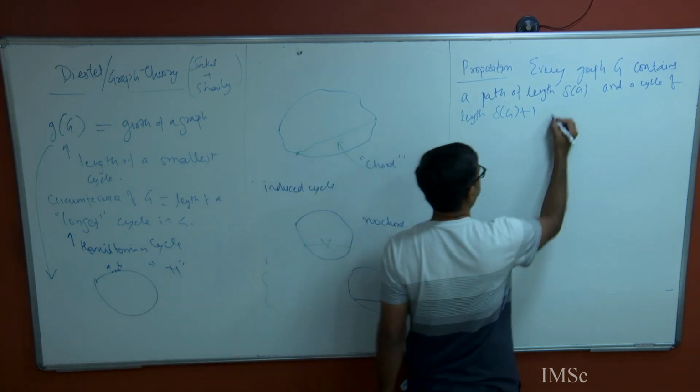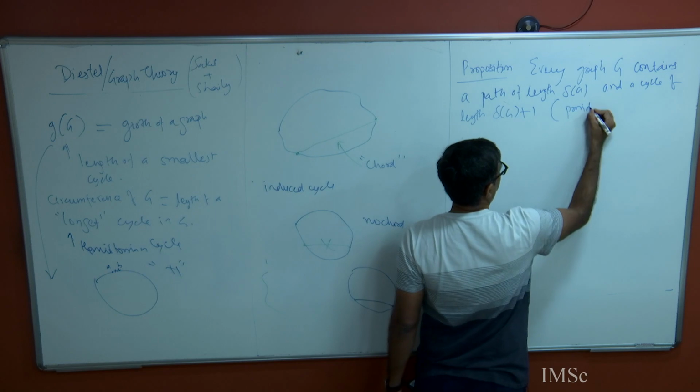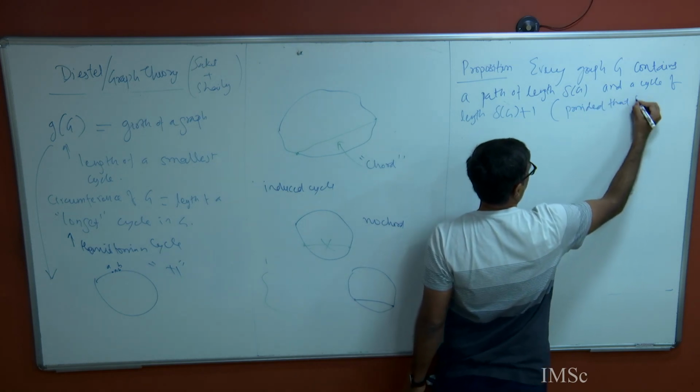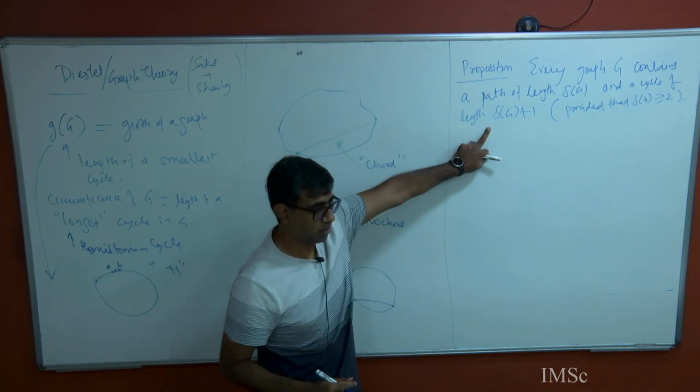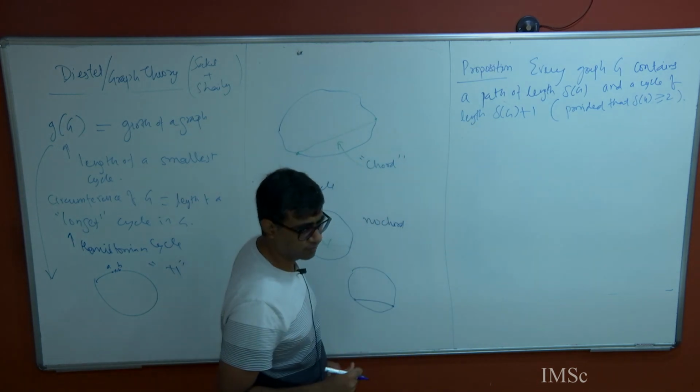Okay. What is delta G? Do you remember? Minimum degree. Can you prove this?